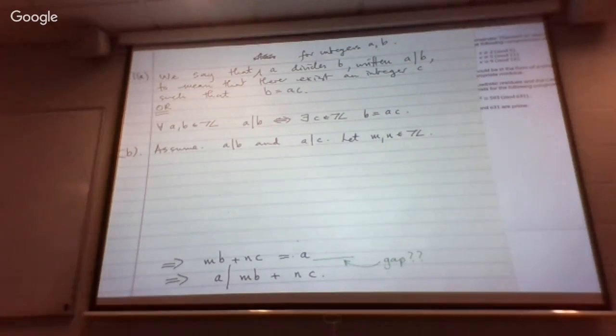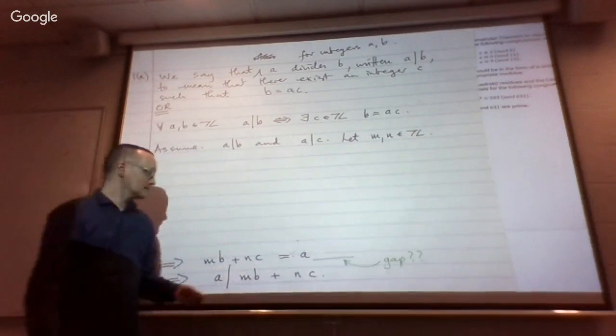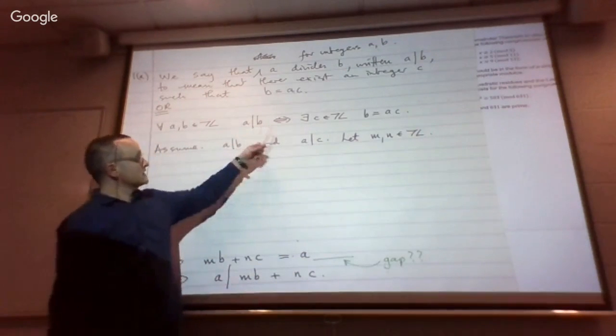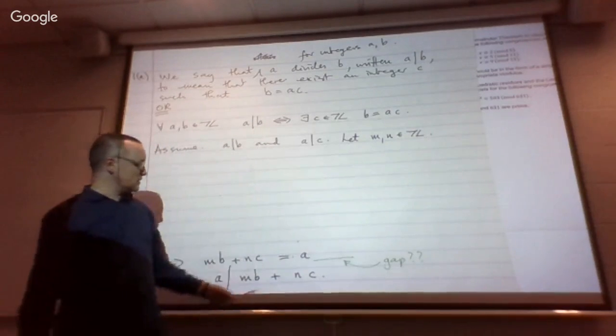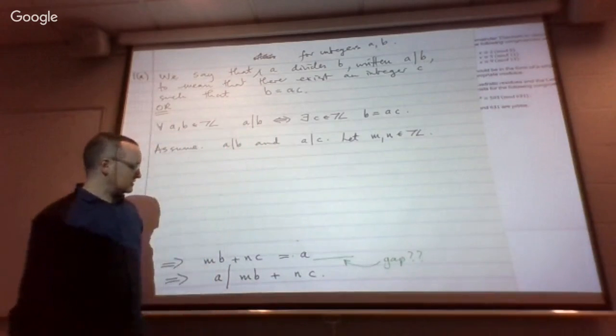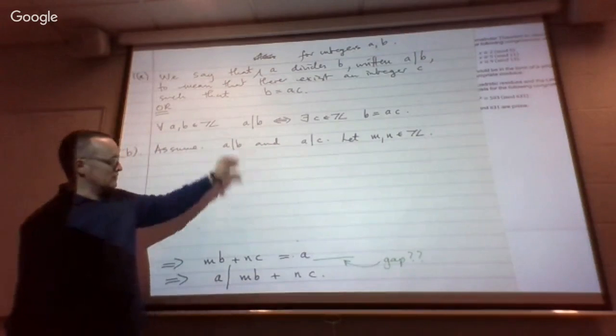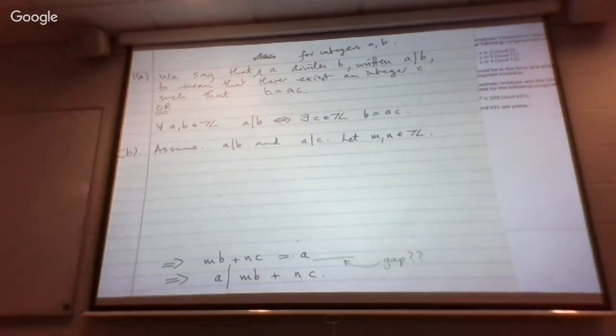If I can fill that gap with another integer factor, then I'll have shown that there exists an integer factor such that the thing on the right of the symbol is equal to this integer times the thing on the left. The A, B and C are being used for different purposes here as regards the definition, but you have to be able to map the different things onto each other. So you've got to fill that gap.